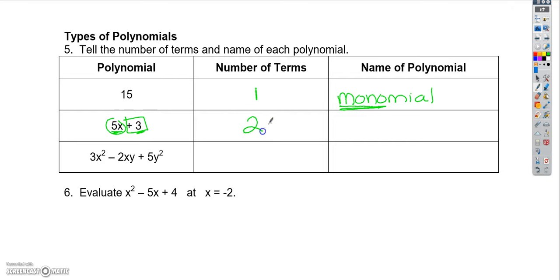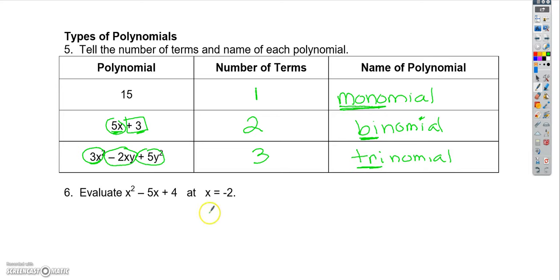So two terms, we call this a binomial. Like bicycle with two tires, bi means two. So here we have three things that are separated by plus and minus signs. So 1, 2, 3, that's three terms. So this is a trinomial, like tricycle. Tri meaning three.